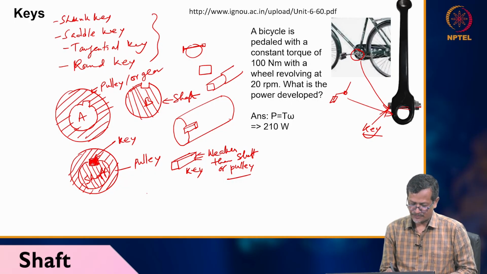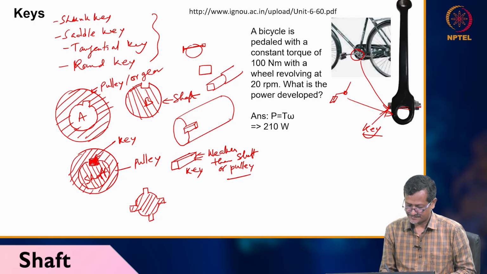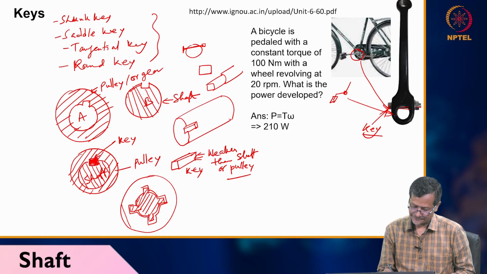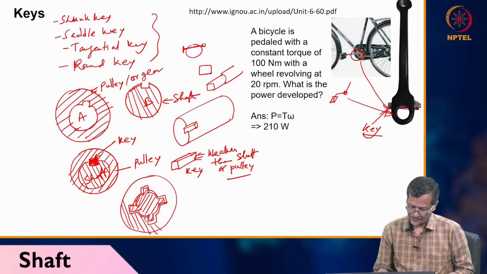One is that you create a spline, a spline like this. Your shaft is here, okay, so I'll make one shaft like this. Okay, now my gear will be like this. The gear will have this much of a thing.